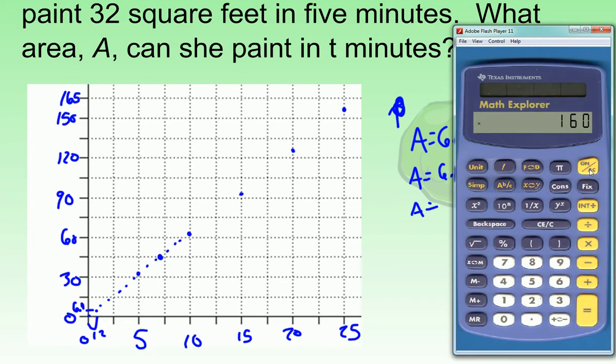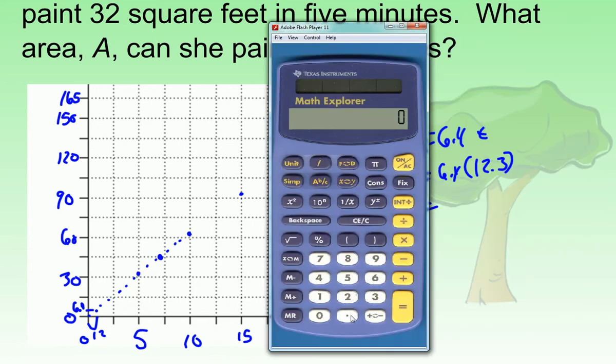Let's see. 6.4 times 12.3, please, 45? What happened? Oh, I'm stupid. That's not 12.3. This would be 7.5, so 7.3.